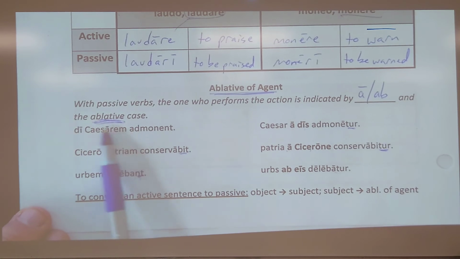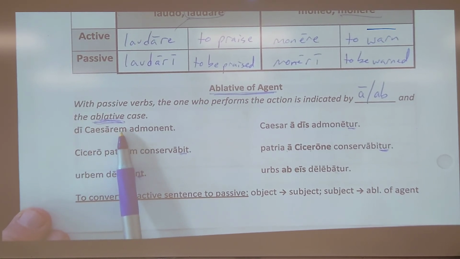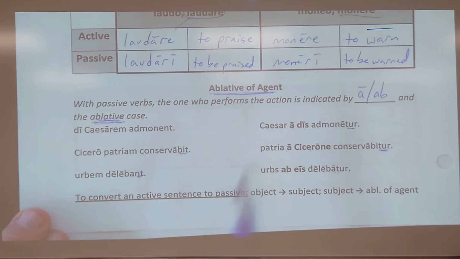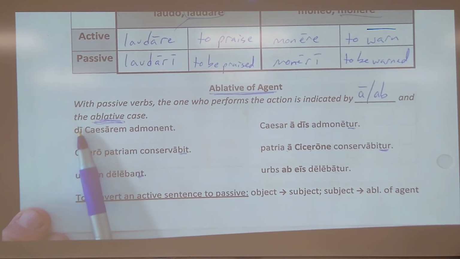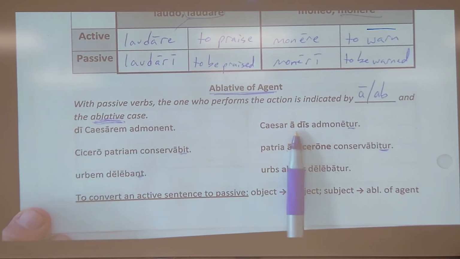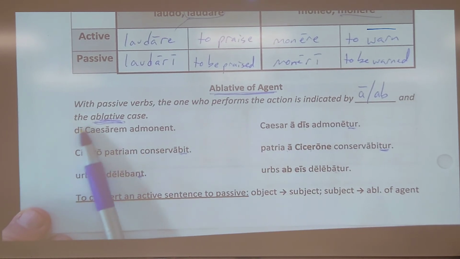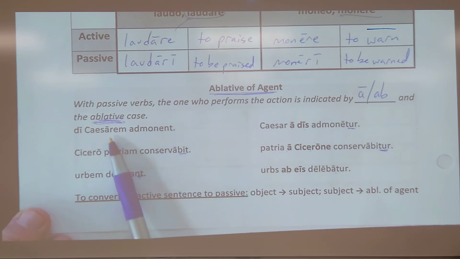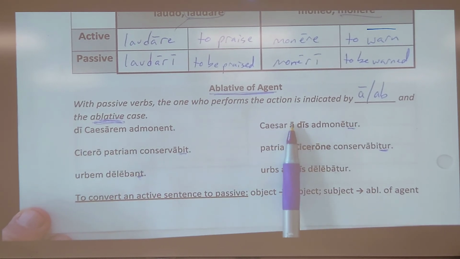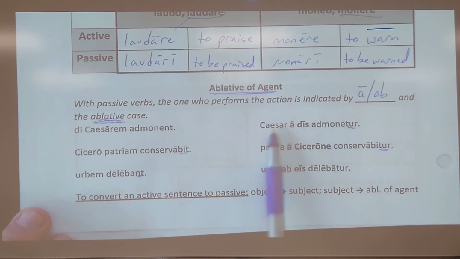So Caesarem, the accusative object, becomes the nominative subject. Object, subject. And then the original subject in the active sentence, the gods, nominative plural, turns into an ablative plural, the ablative of agent in the passive sentence.